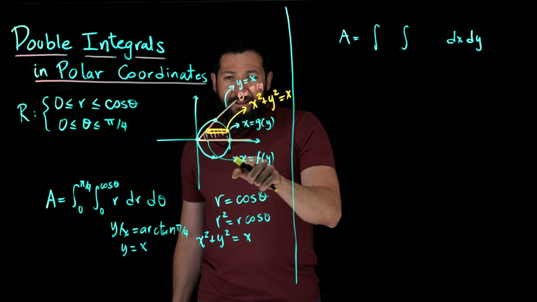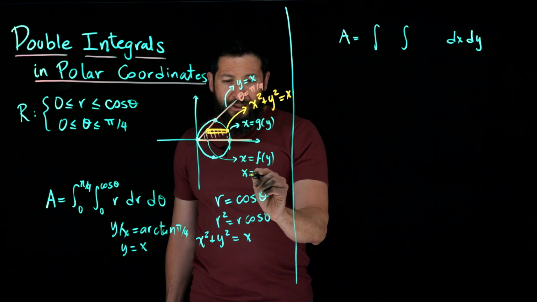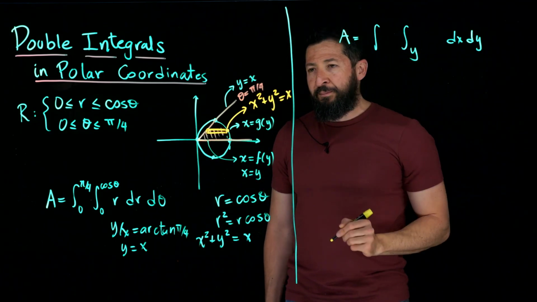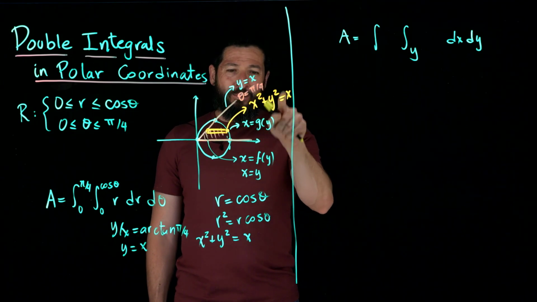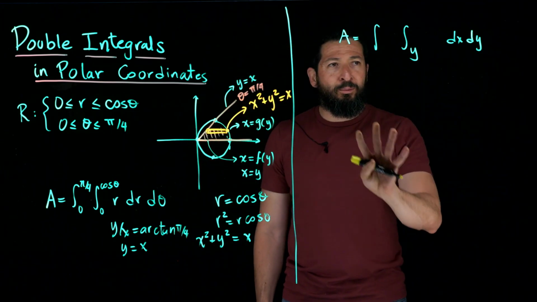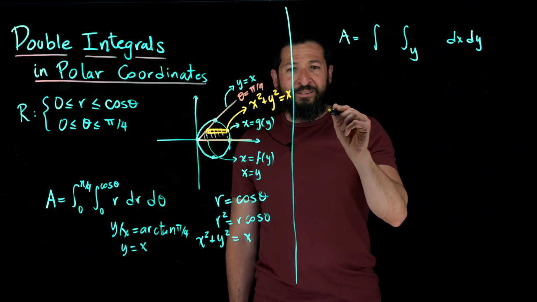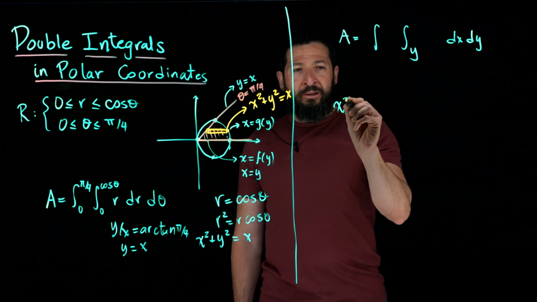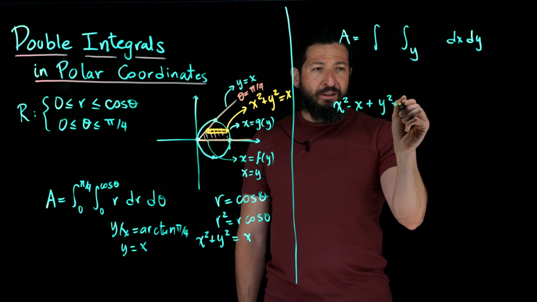The function I get here is the equation of the line, which is x equals y for this one right here. So the bottom one is easy, it's just y. Now for this one, I have to solve for x. My space management is fantastic today, so I'm going to have to work here and write my answer there. Not ideal, but I have to solve for x in this equation. So I have x squared minus x plus y squared equals 0.